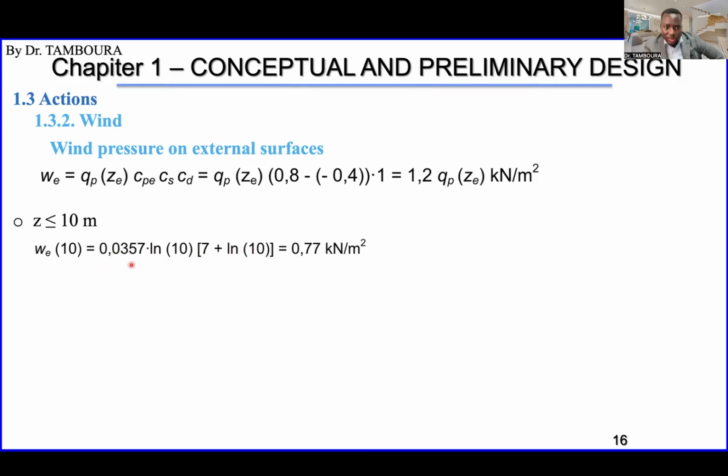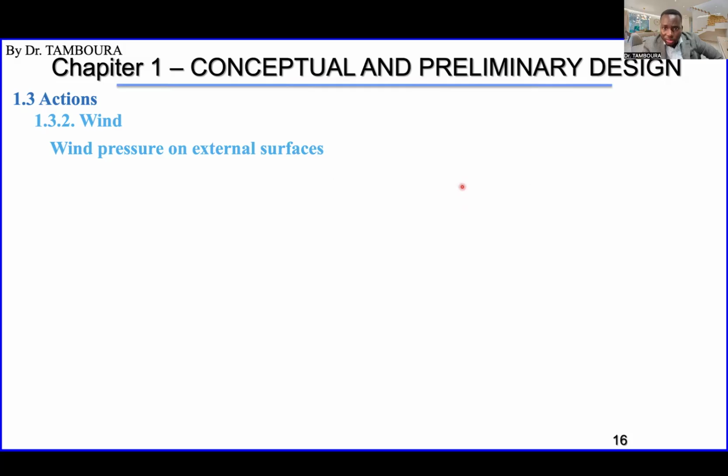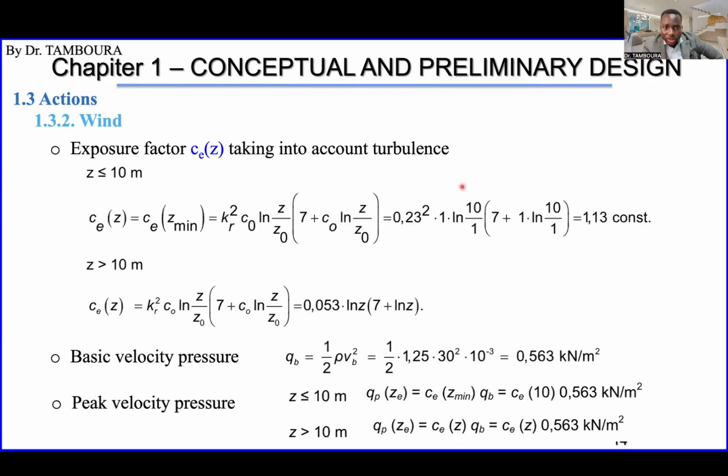If you don't understand this, it is just detailed for QPZ in case of Z less than 10 meter. Or if it's difficult for you to understand, just take 1.2 multiplied by the peak velocity pressure of the wind below 10 meter. I will go back to the previous slide to show you that. Remember this value.